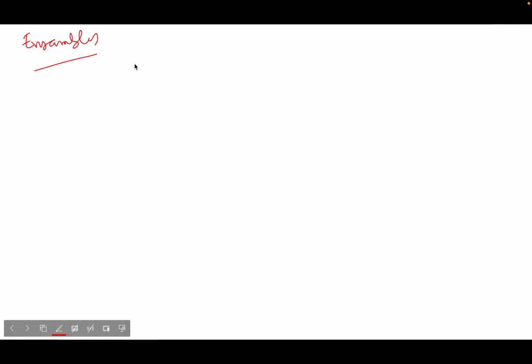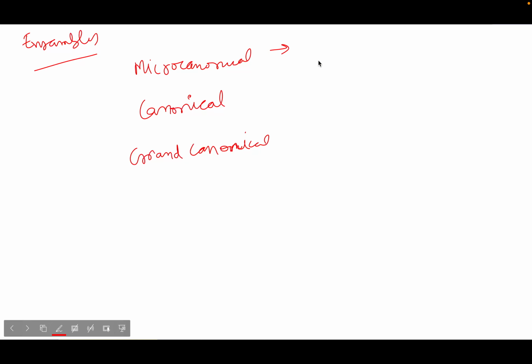Important types of ensembles are microcanonical, canonical and grand canonical. And what are the properties for them?